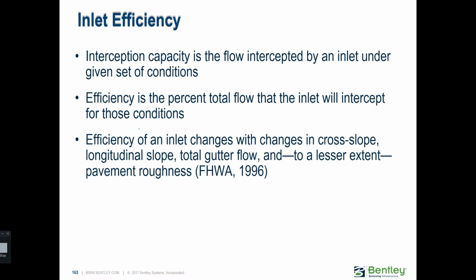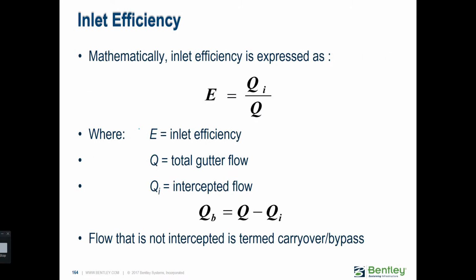Okay, we briefly talked about inlet efficiency. I showed it to you when we were doing the presentation on the design constraints, because inlet efficiency is one of the design constraints. Basically, efficiency is calculated as intercepted flow divided by the total gutter flow.